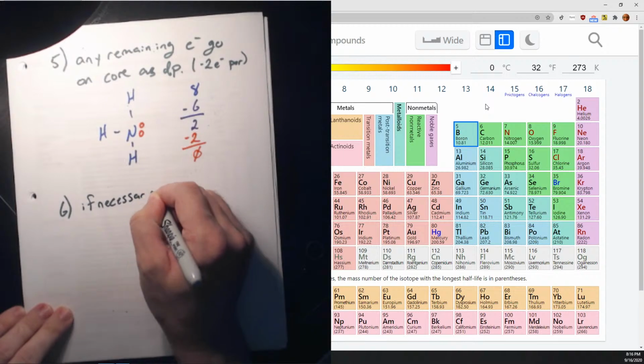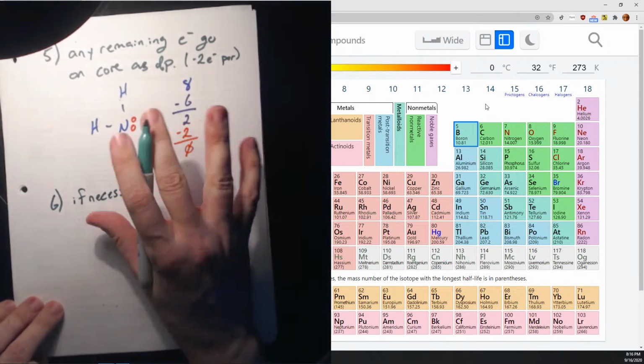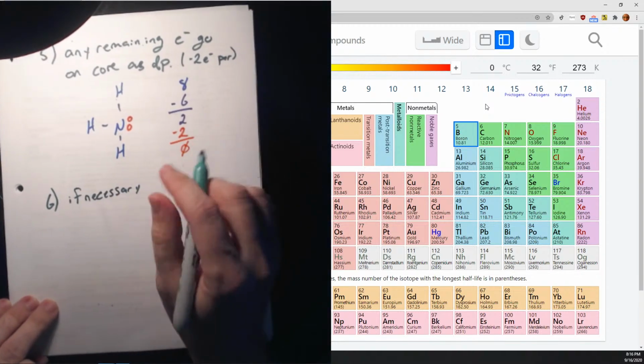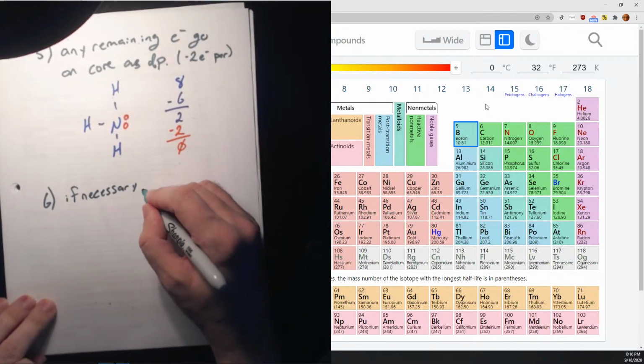We've used up our pool of electrons, okay? So we're going to have to get a little bit creative if we need to fill in the octet.